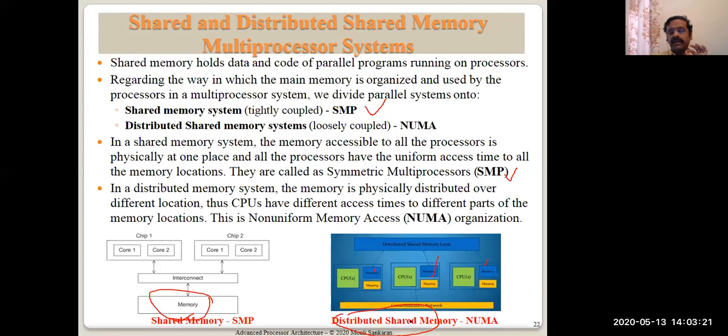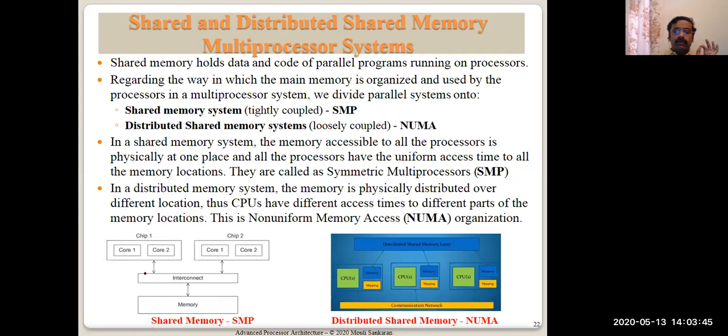Distributed shared memory means distributed, but it is the same address space. If I remove this and I say distributed memory, then you have to remember it is different address spaces. So they belong to different address spaces. It is not the same address space. That's a key point.